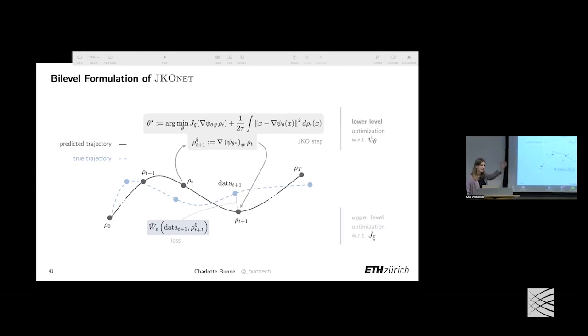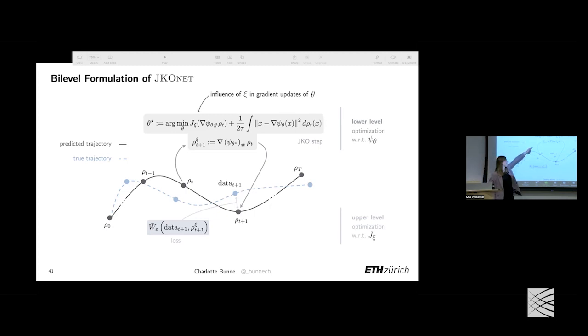The difficulty here is that we now have a bi-level optimization problem. On the lower level, we need to find the convex function. On the upper level, our overall goal is to actually learn this potential. And what we can see is that the cost function to learn our energy functional has no direct dependency anymore on the parameters of the energy.